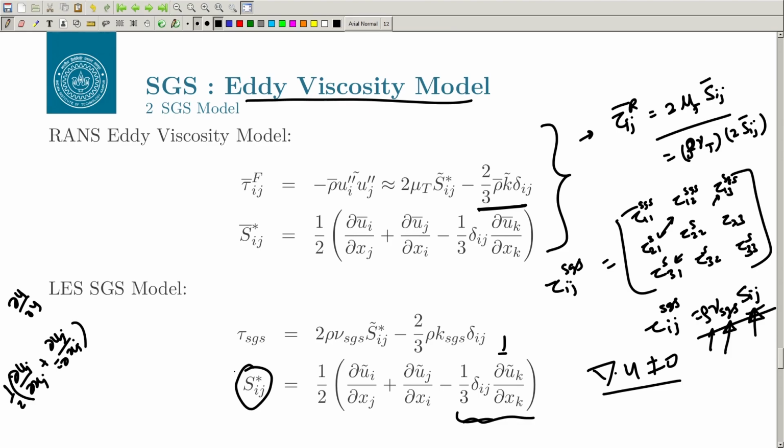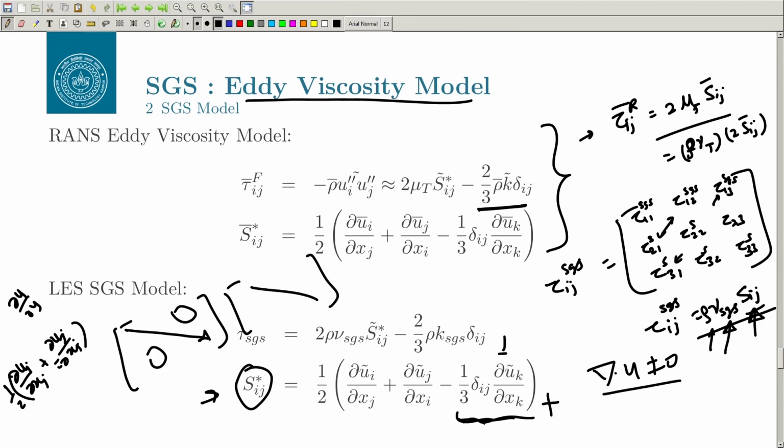The other reason why we are using Sij star here is that in some of the simulation codes, they absorb this term with the pressure. The pressure is also a normal stress, so you will have pressure coming here. All other components are 0 and this term is also acting normally.